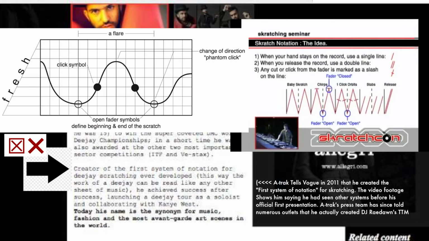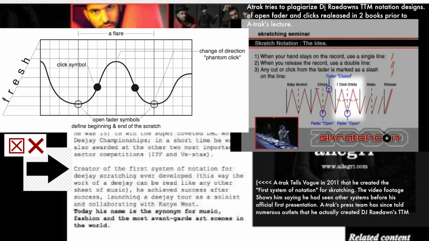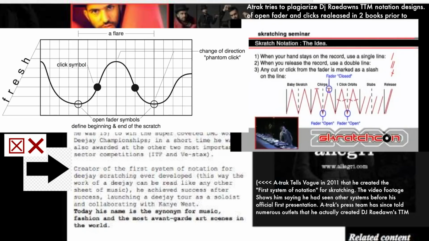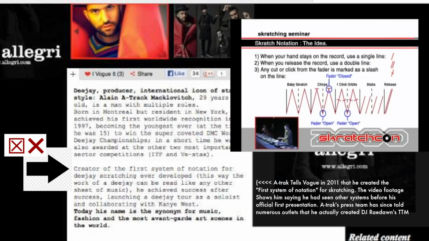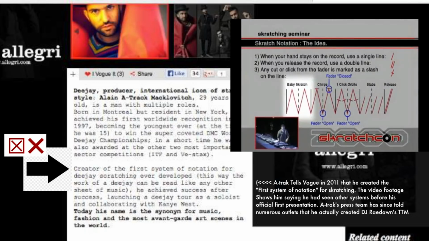So if you look, for example, at my one-click orbit here, these slashes on the line are clicks from the fader. And as you can see, I wrote that when I release the record, it's a double line. When I still have my hand on the record, it's a single line. So the little example that I have there is a baby scratch like this.